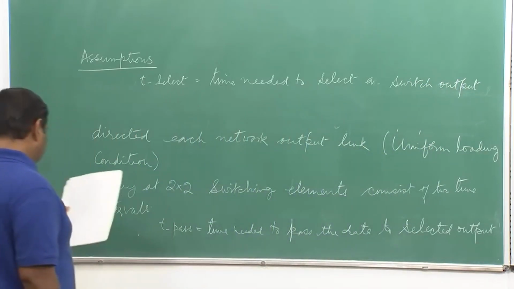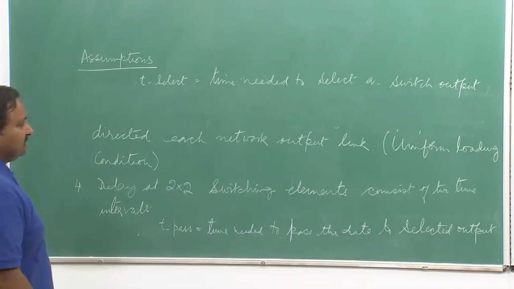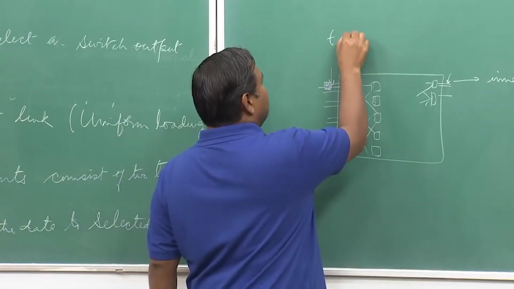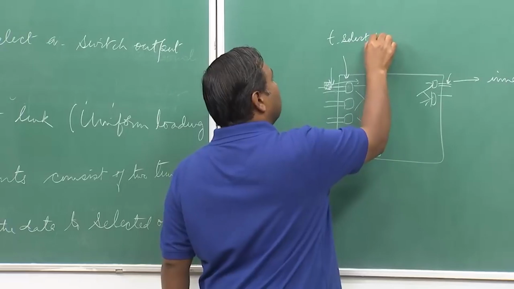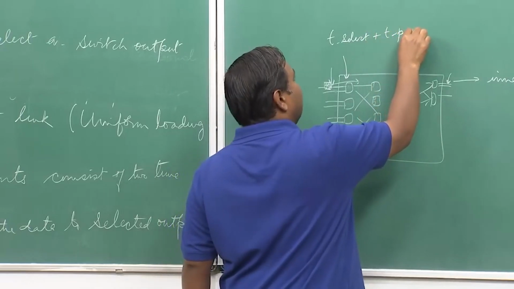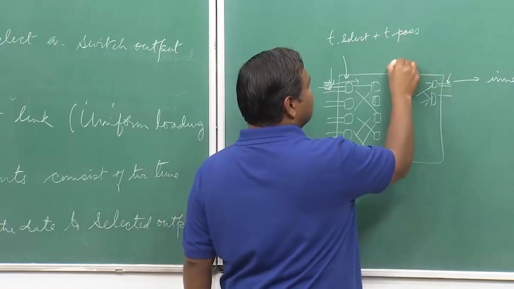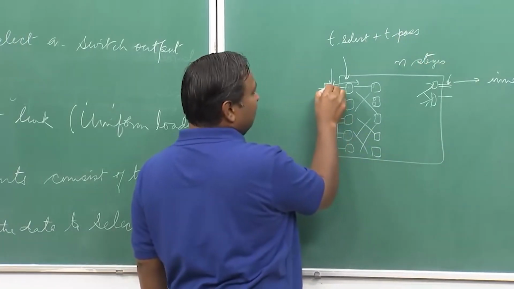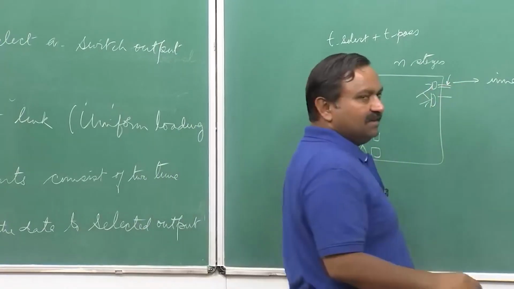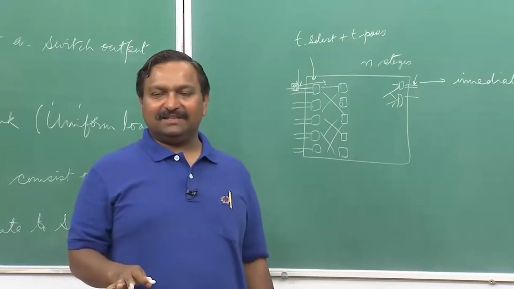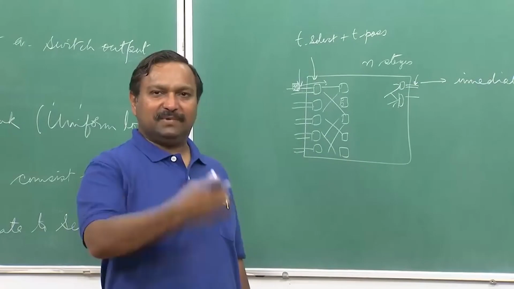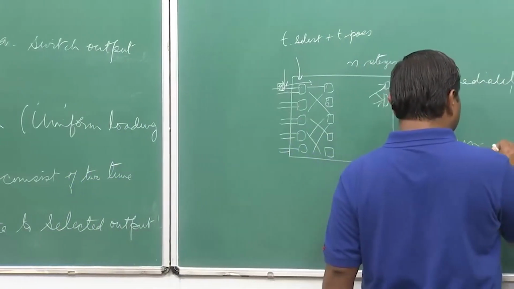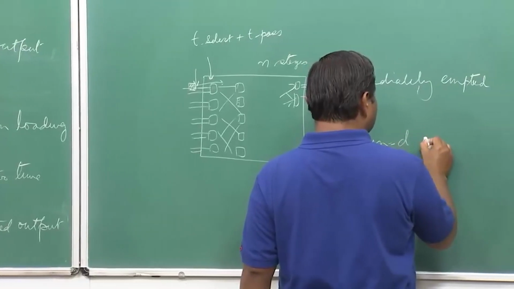Okay. So, in fact, the minimum delay which will be incurred: in the first stage it will take T select plus T pass, and if there are n such stages, the total time in which a packet will move from input to output link, in the best case when it is not going to be buffered step by step, is the minimum delay, which I call min d.